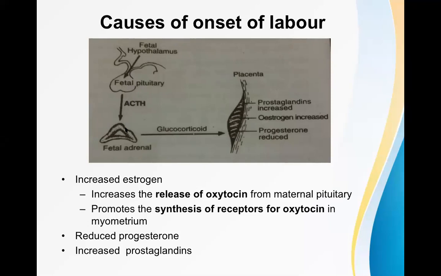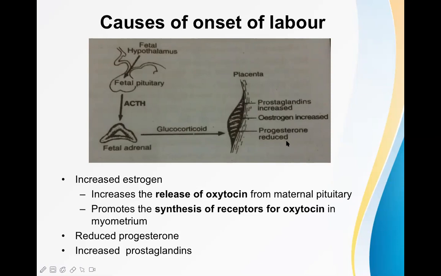This ACTH acts on the fetal adrenal gland and it releases glucocorticoids. This glucocorticoid will lead to synthesis of these three important substances. Actually, I should say two important substances are increased and one is reduced with the effect of glucocorticoid. The most important one is prostaglandin, another is estrogen, which are increased or more synthesized, whereas progesterone is decreased.